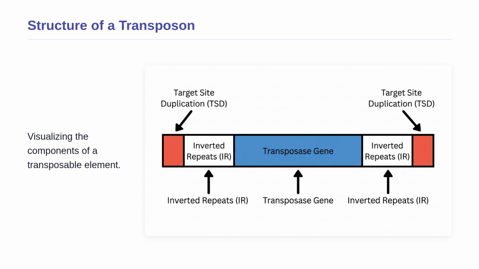Flanking this central gene on both sides are the inverted repeats, which act as the handles that the transposase enzyme grabs onto when it is time to move. Finally, on the very outside edges, marked in red, you can see the target site duplication. This is a tiny piece of the host's own DNA that gets duplicated during the insertion process. Every part of this structure plays a crucial role in the jumping mechanism.